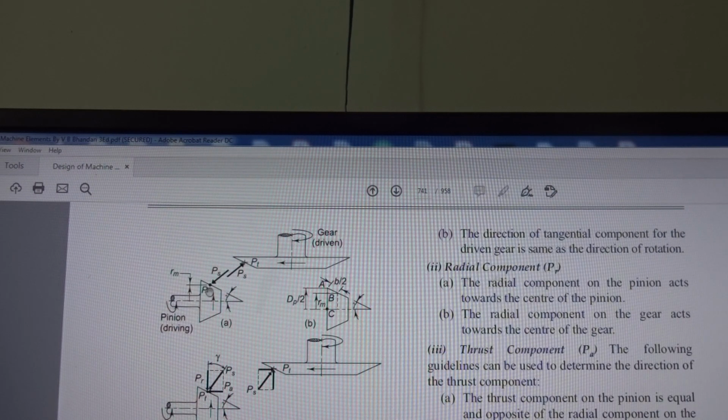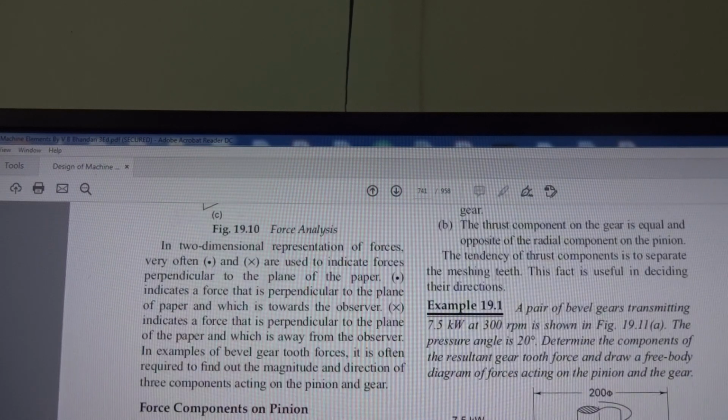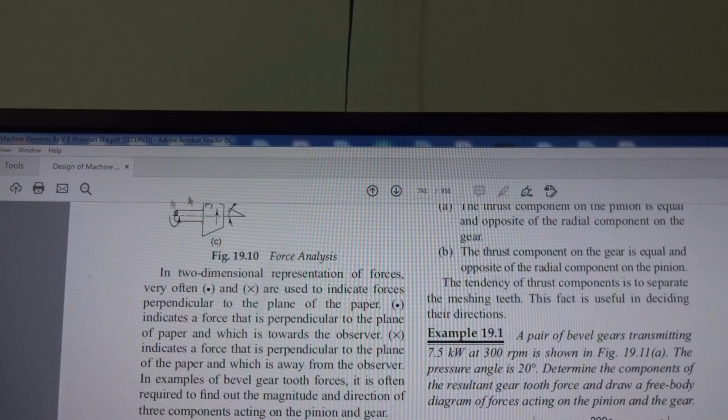It means it is towards the observer. Two symbols are used, dot and cross. Dot indicates a force perpendicular to the plane of the paper which is towards the observer, and cross indicates a force perpendicular to the plane of the paper which is away from the observer.